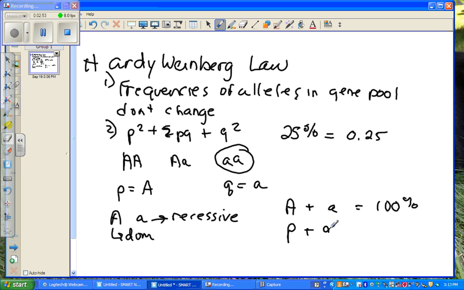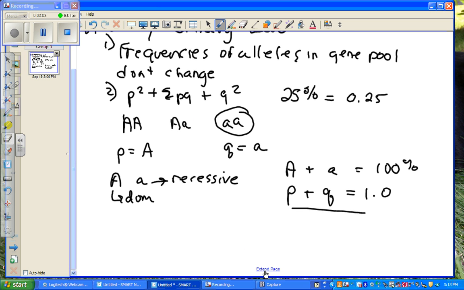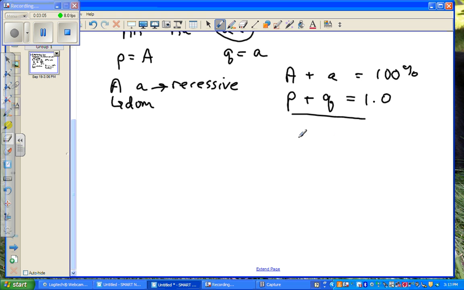So p and q will equal 1. If p and q equal 1, then if we can learn the value for one of these, we can use it to plug into the Hardy-Weinberg equation and calculate the frequencies of the different genotypes that are present.